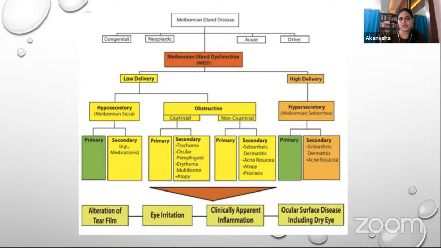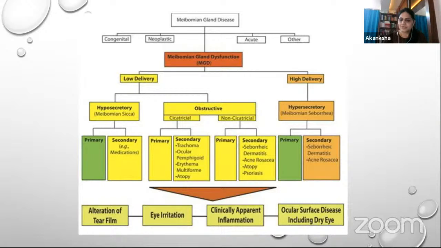In the low delivery, you have primarily hyposecretory, where there is no terminal obstruction, but the production in itself goes down either due to primary reasons or due to secondary reasons, such as use of medications. Whereas in the obstructive type, you do have terminal duct obstruction. So the meibum is being produced, but because of the obstruction, it is not able to be released into the tear film or the lid margin. Again, this can have various causes, which could be cicatricial or non-cicatricial.